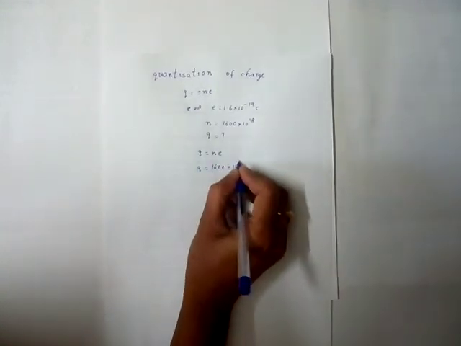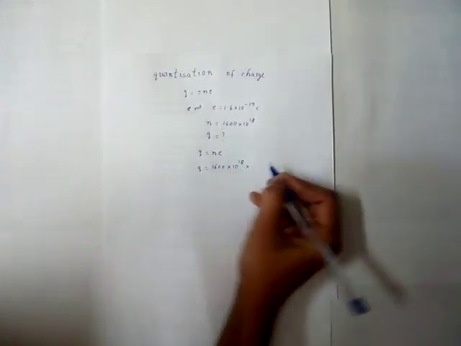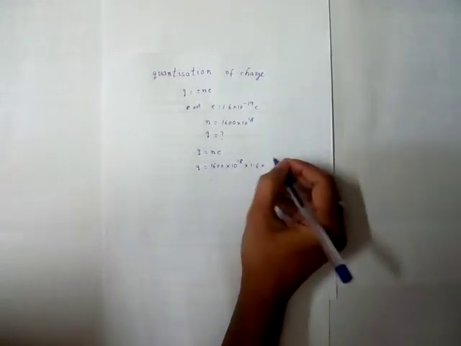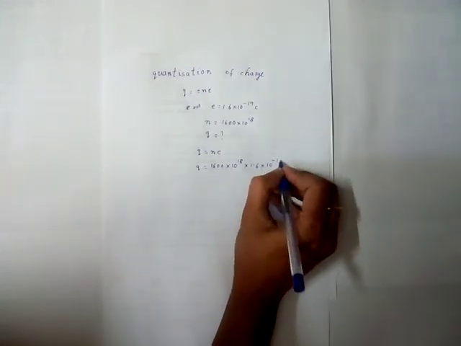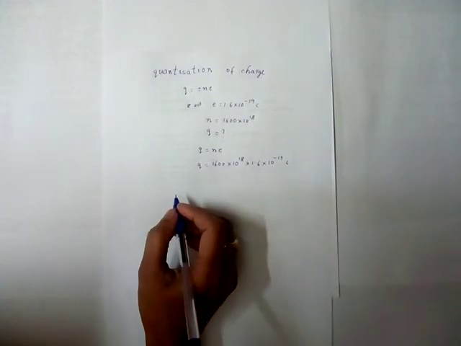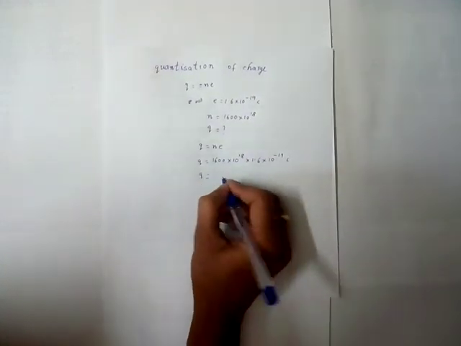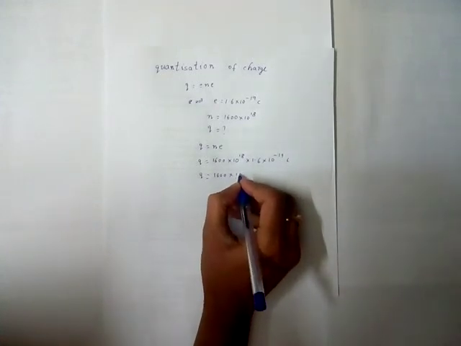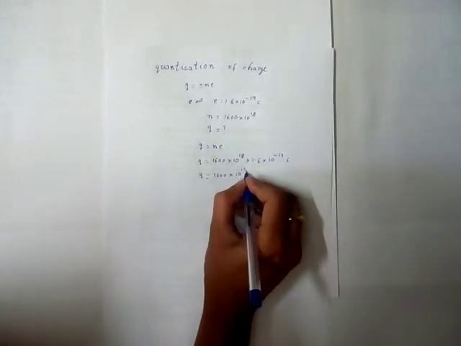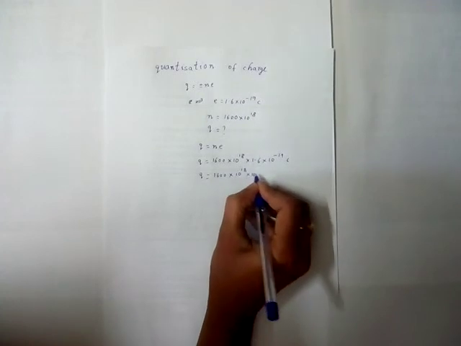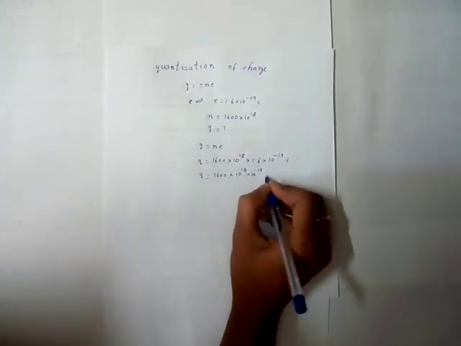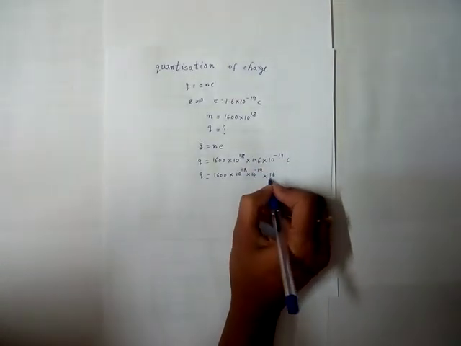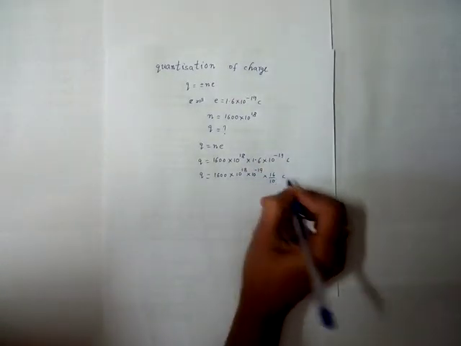So Q is equal to 1600 into 10 to the power of 18 into the e value 1.6 into 10 to the power of minus 19 coulomb. I am writing 1.6 as 16 by 10. Coulomb is the same.